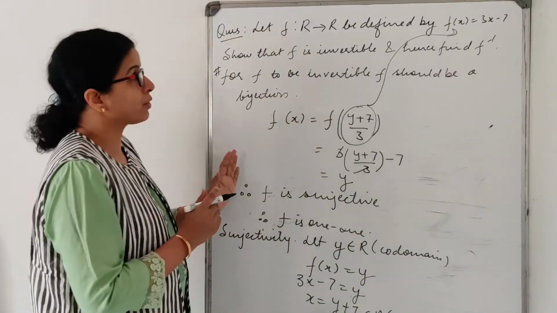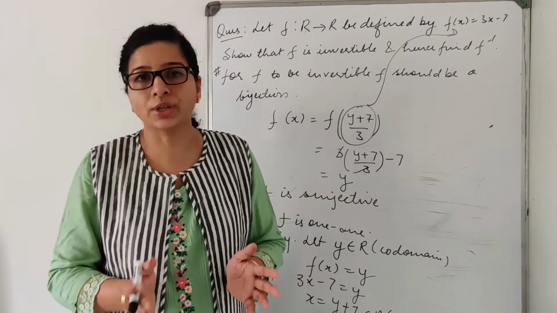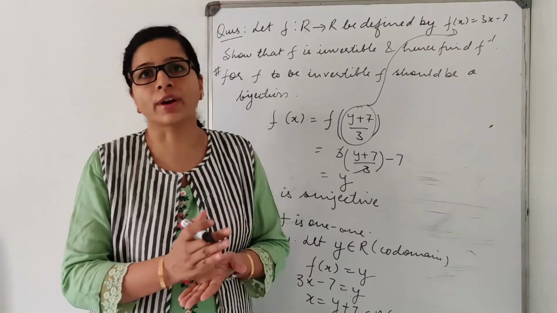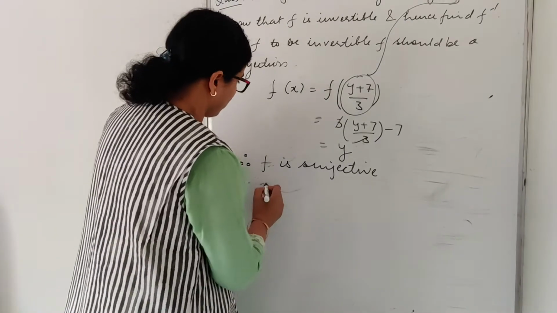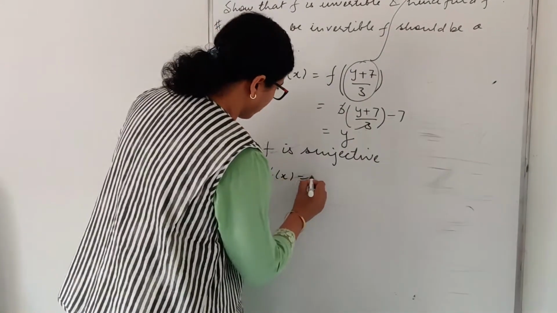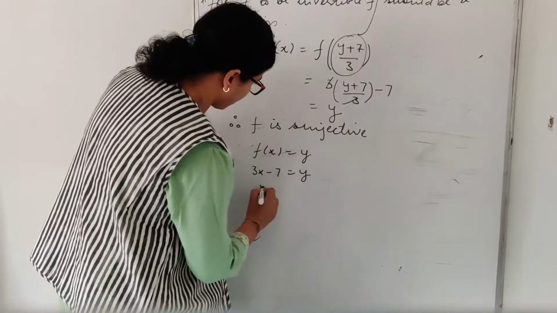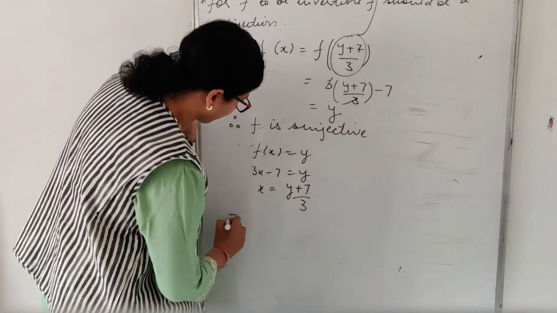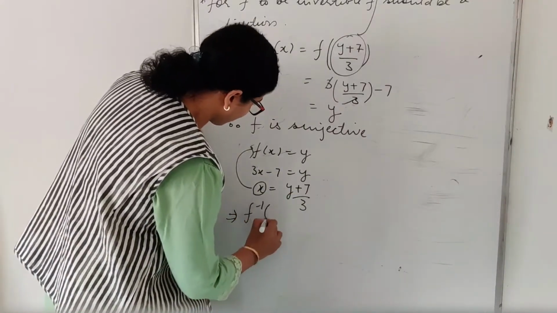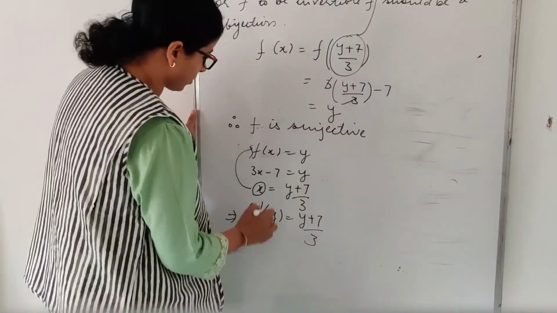Now just now I told you whenever my function is one-one and onto, it's a bijection, and for a bijection function we can find the inverse. So now how to find the inverse? Again, f(x) is equal to y, so 3x - 7 equals y, x is equal to (y + 7)/3, which implies f inverse of y equals (y + 7)/3.